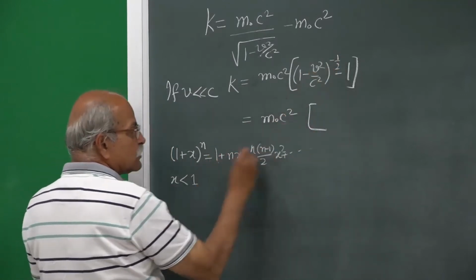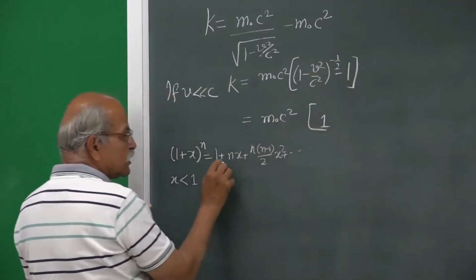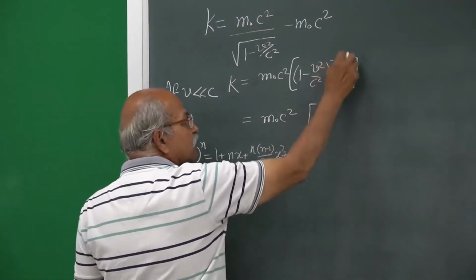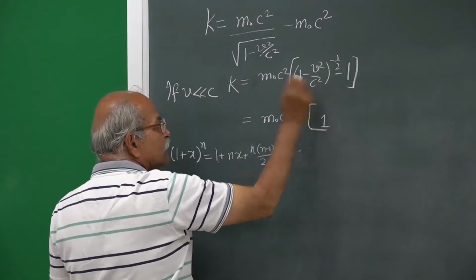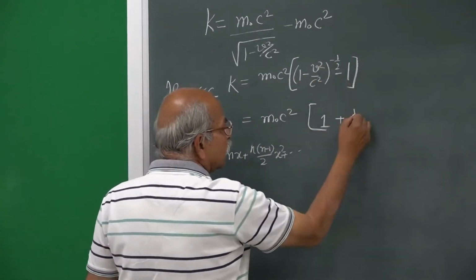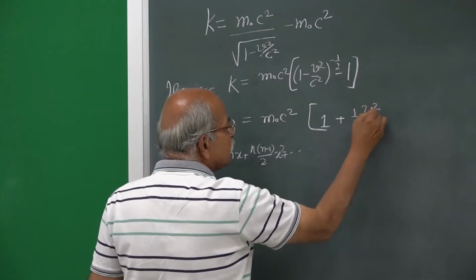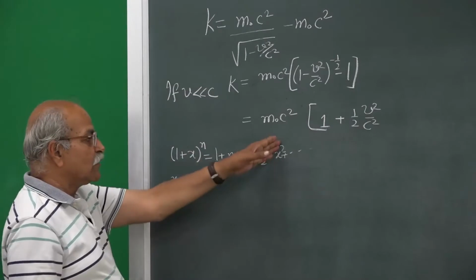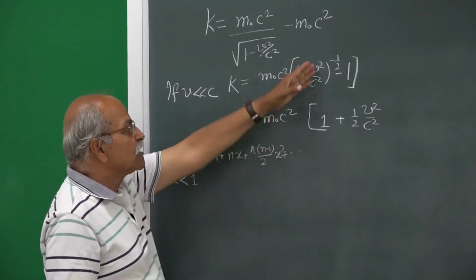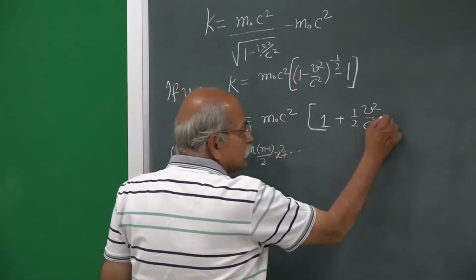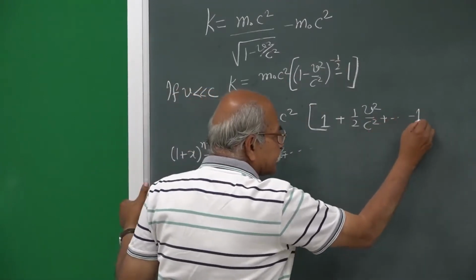So, first term is 1, good. Next term is n x, this exponent into this x. So, this is minus half into minus v square by c square. So, it will be plus half into v square by c square, and then the higher terms, x square, x cube, v square by c square whole square and cube and all those things, and minus 1 is here.